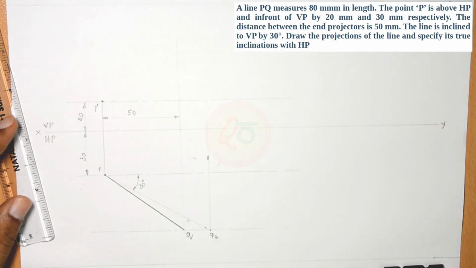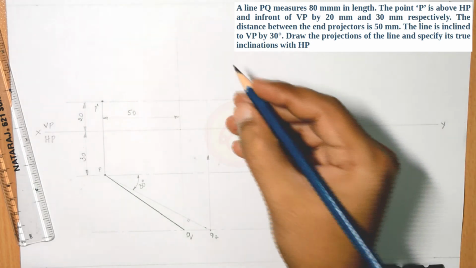Now we'll use the same method that we had done before. This point is Q2 dash.